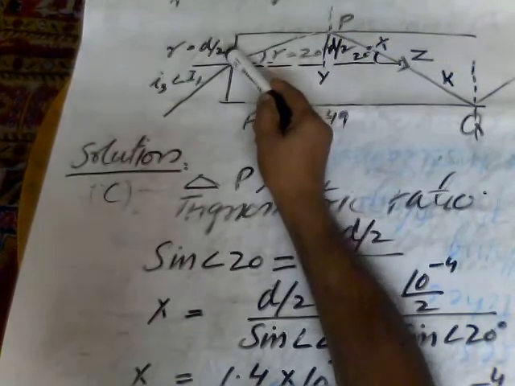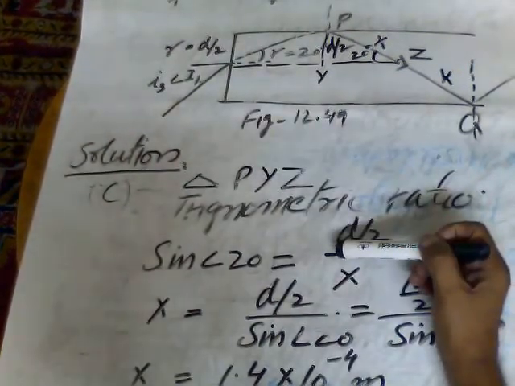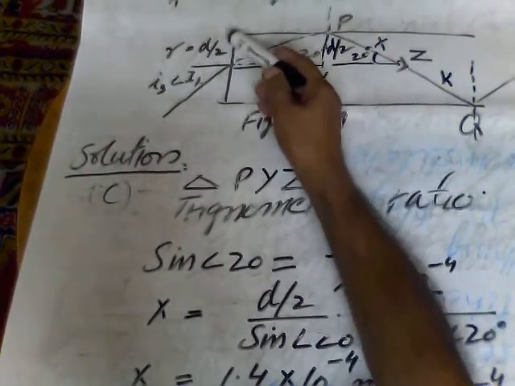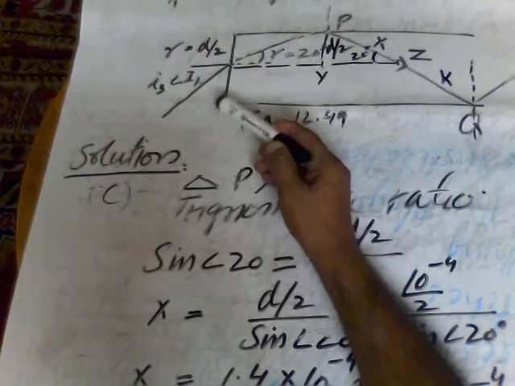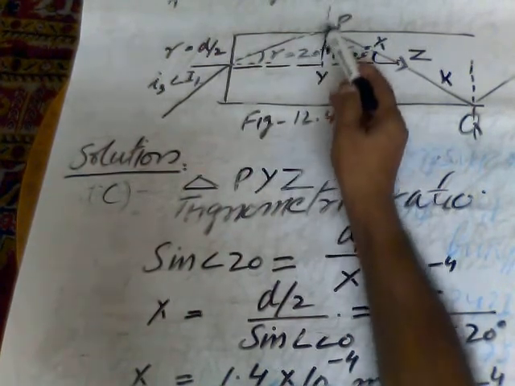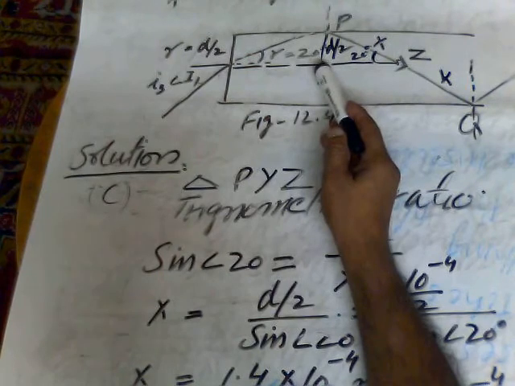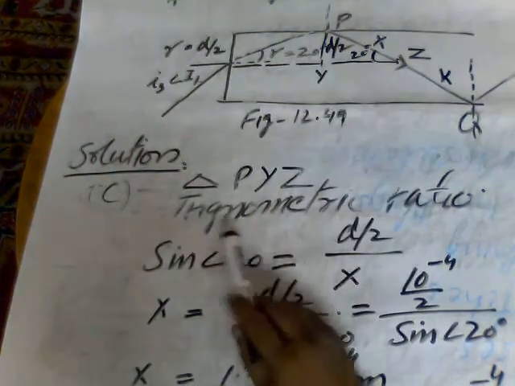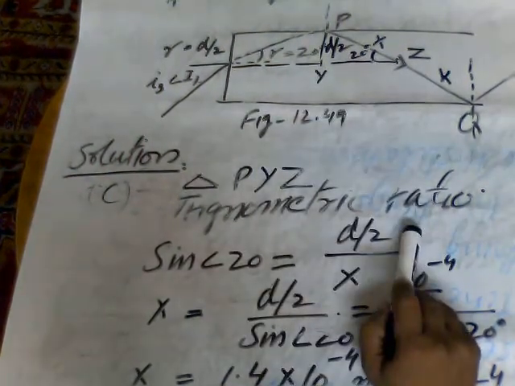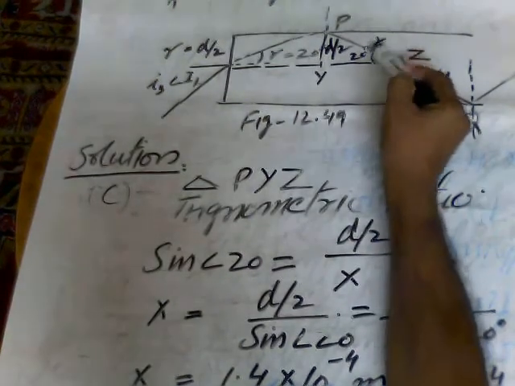This length PY is half of the total diameter, which is given. So PY is the half of diameter, we will divide it by 2. Using trigonometric ratio, we will find x.